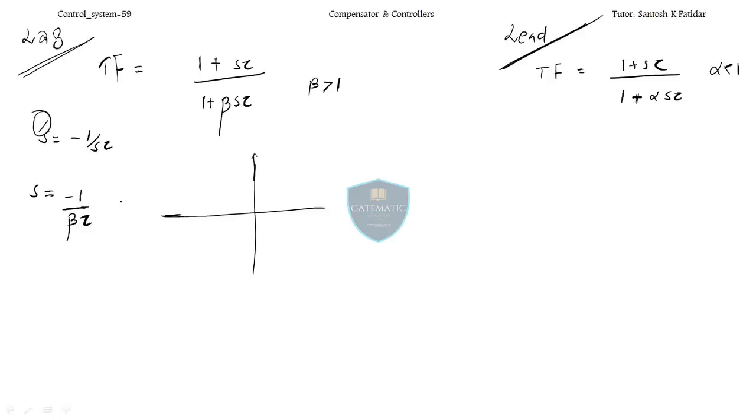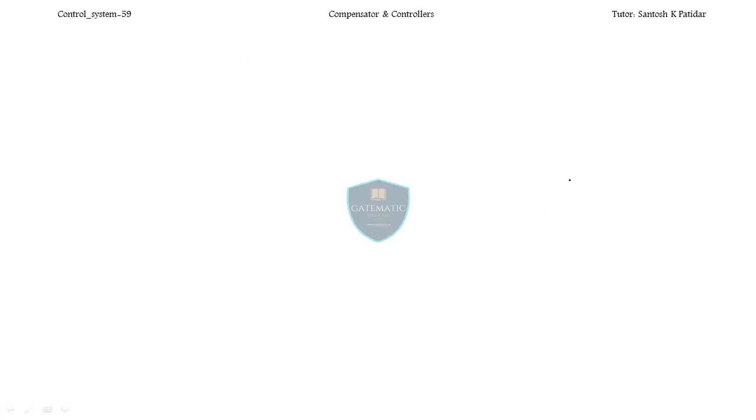So the 0 is going to be away from the origin, but the pole is coming closer to the origin. So this is the lag compensator: one pole near to the origin and 0 away from the origin, isn't it, the standard transfer function. And for the lead compensator, it adds a 0 near to the origin and the pole away from the origin. Now let's come to the Bode plot for the lag compensator.